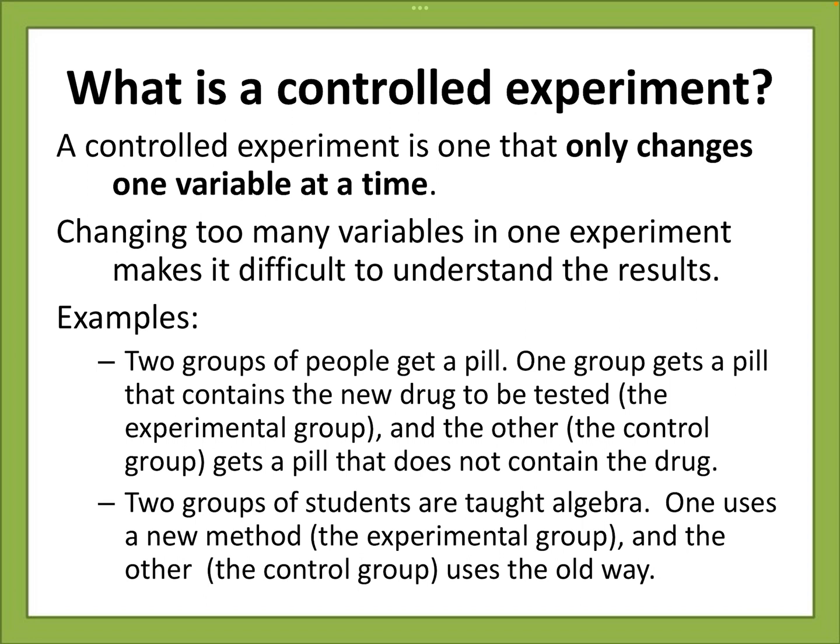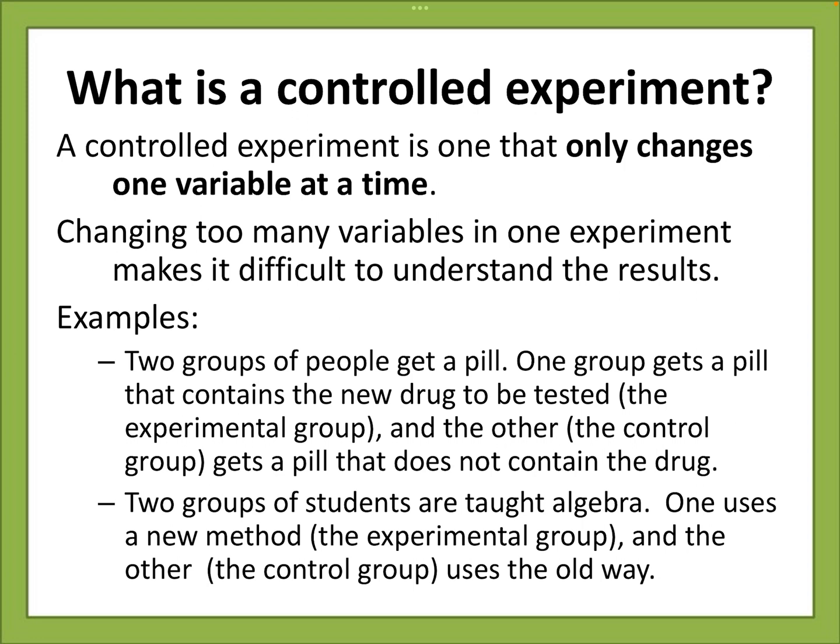We do this because if we change too many variables in an experiment, then it can be hard for us to understand why we got the results. So when we do an experiment, we only change one thing or variable at a time.